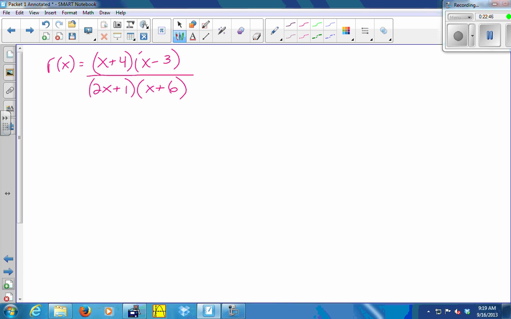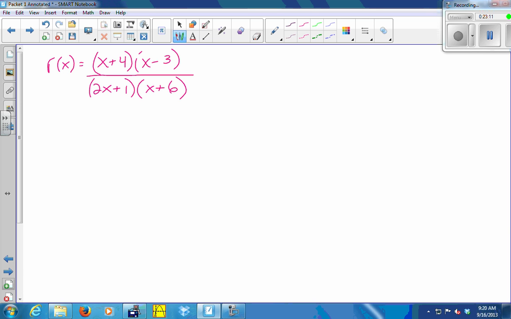We have 4 factors here, 2 on the top, 2 on the bottom. When you multiply and divide, you have rules for dealing with negatives, right? Negative times negative is positive. So we're going to look at when each of the factors is positive and negative, and then when we combine them all, we'll just use the rules of multiplying positives and negatives to see what the final thing is.